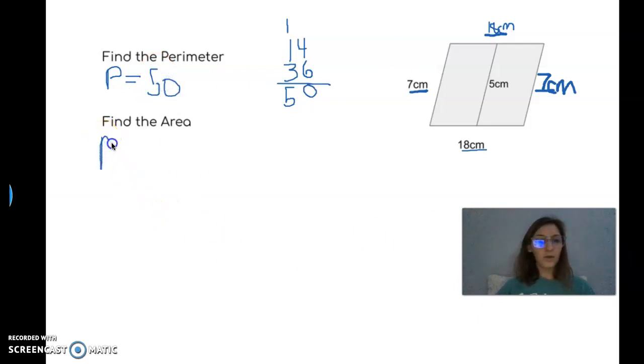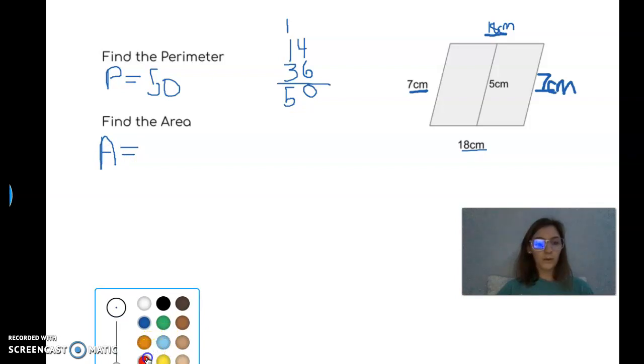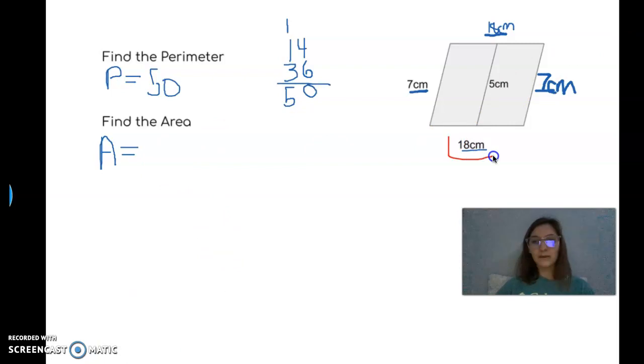Alright, so moving on to area. Make this red. Why not? Alright, so I know I have to take my base and times it by my height. So 18 times 5 equals 90.